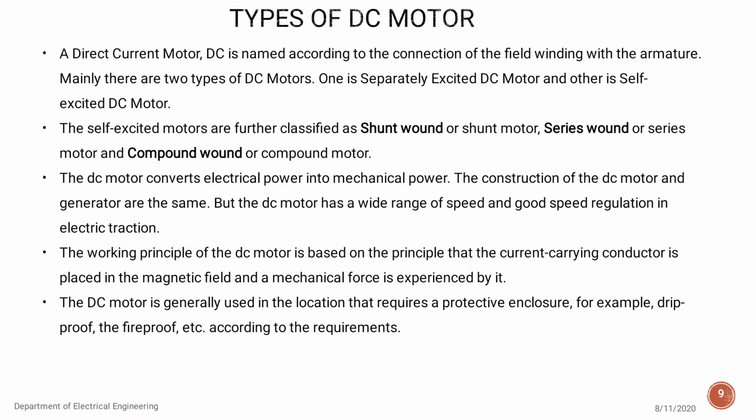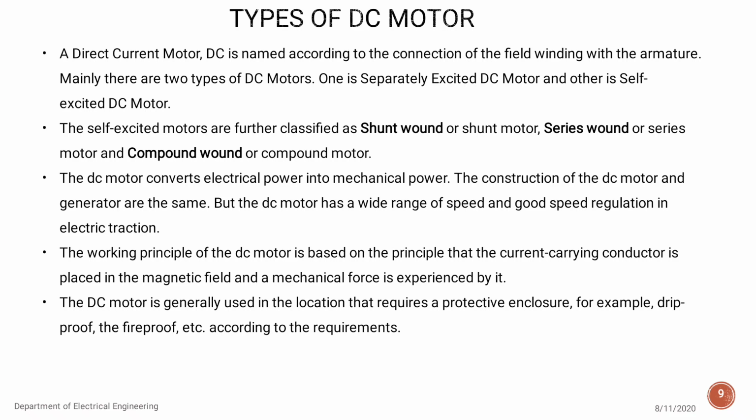As we know, a DC motor converts electrical power to mechanical power. From the construction point of view, the DC motor and generator are both the same. But the DC motor has a very good range of speed regulation in electrical traction applications.